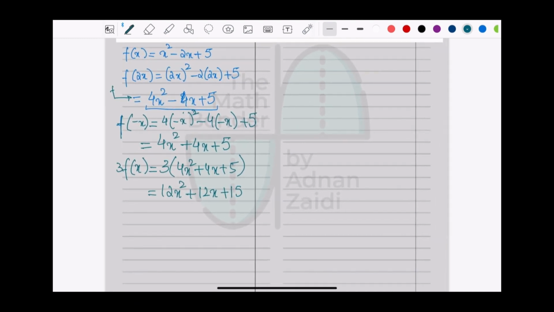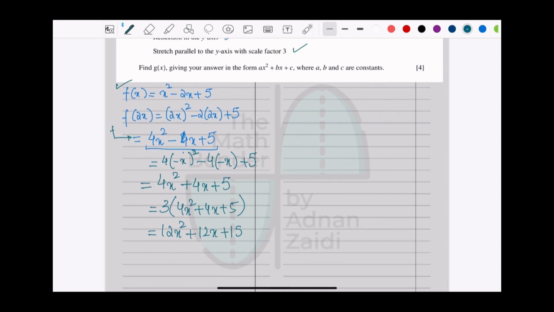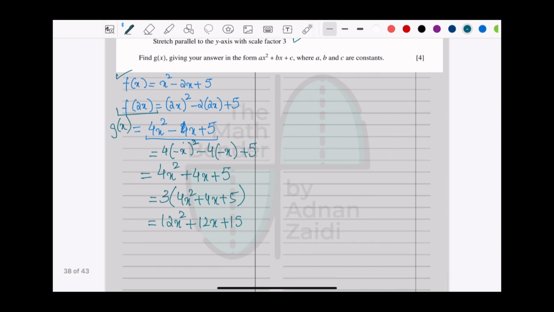If I want to be on the safe side, since this was originally f of x, this was f of 2x. If I want to name it differently, I can write that this is now, let's call it g of x, so that the confusion is not there.